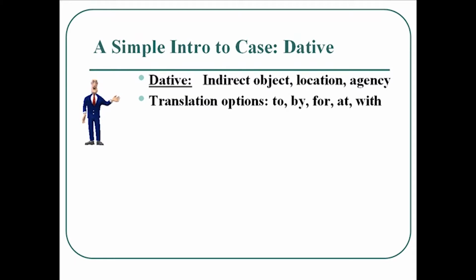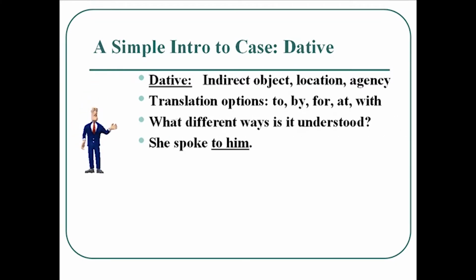I always kind of remember it, the 2 by 4 and then ate with. So I ate with a 2 by 4 or at with 2 by 4. And all those words then can be used to translate the dative. Now, look at the different ways that it can be understood. For example, she spoke to him. To him here is the indirect object.